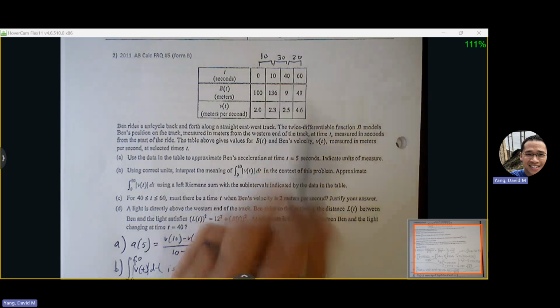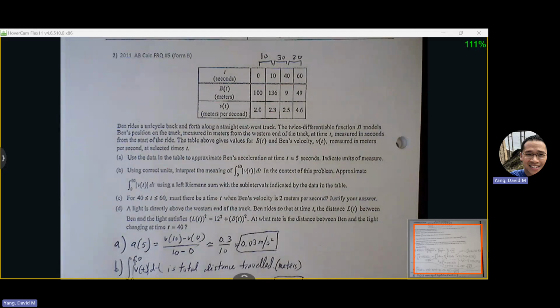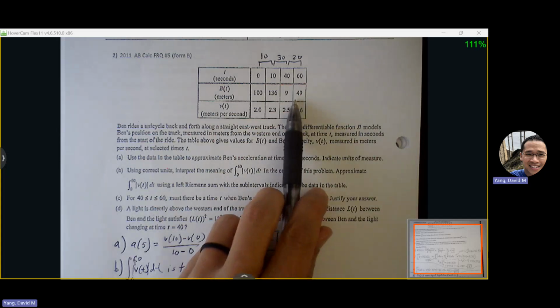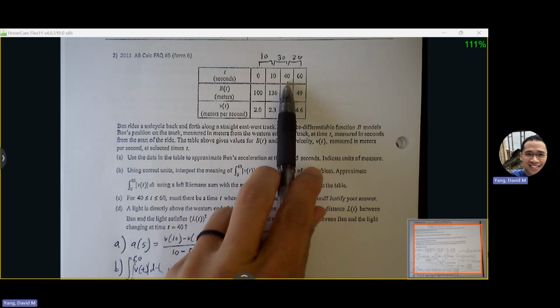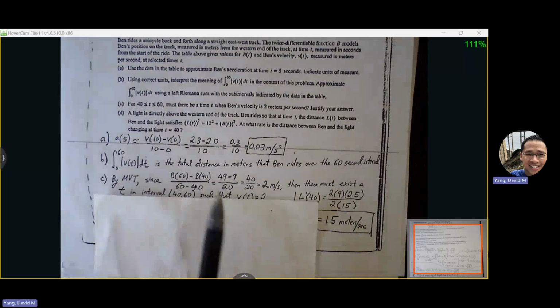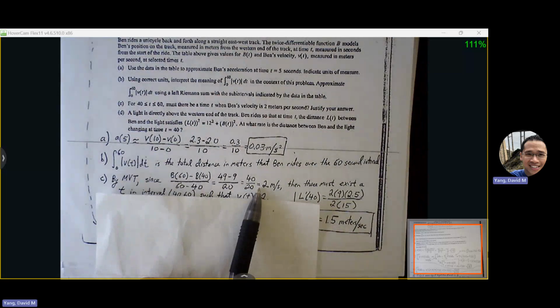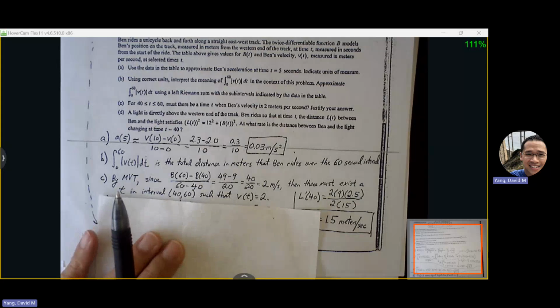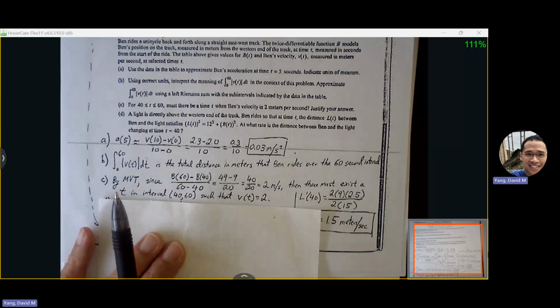So 49 minus 9 divided by 60 minus 40. And that gives us 40 over 20, which is 2 meters per second. So therefore, there must exist a t in the interval from 40 to 60 such that v of t is equal to 2.